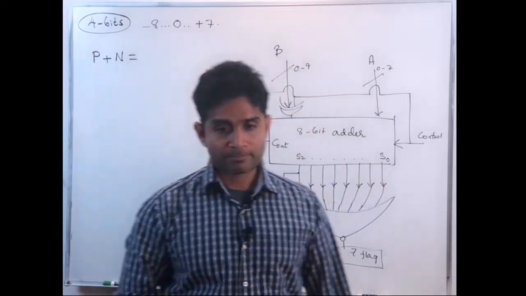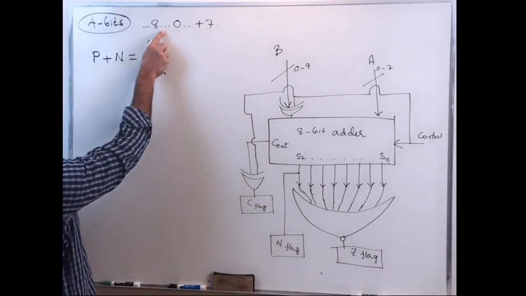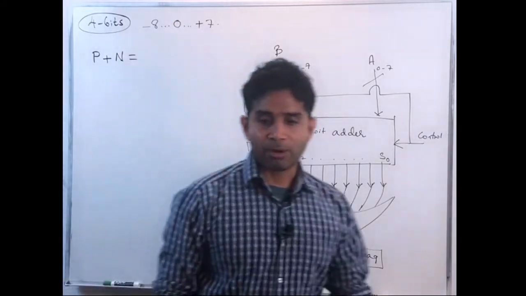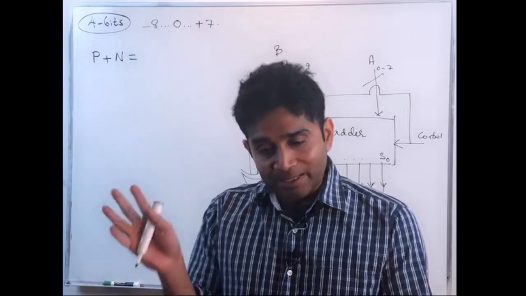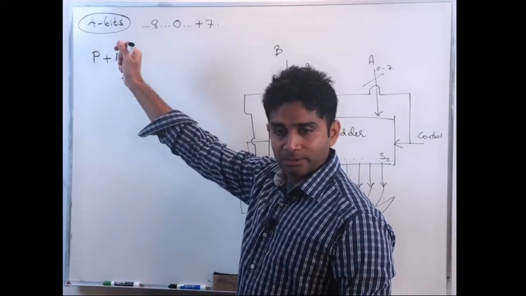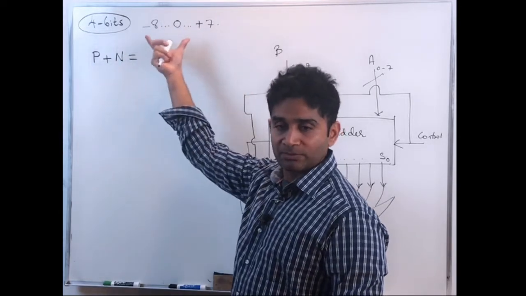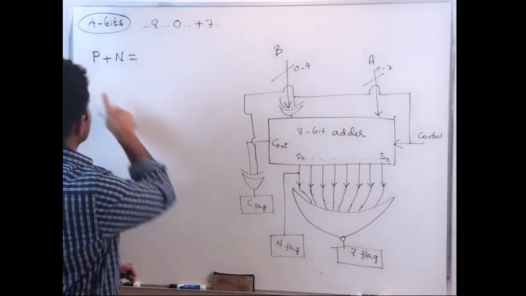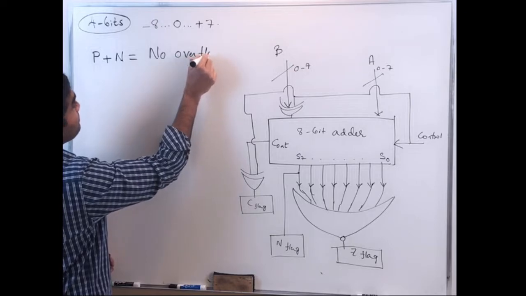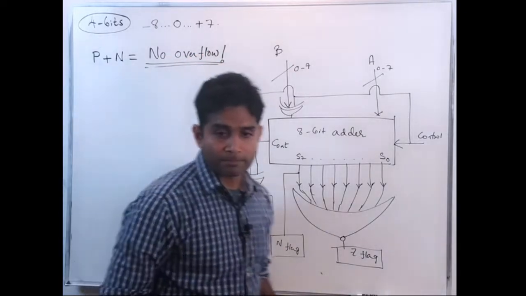No, right? You can take any number, add it to the negative number, and the result will always be within that range. When I'm adding a positive number and a negative number from the same range of values, I will have a result that is contained within that range. So when I do that, I can confidently state that there is no overflow.